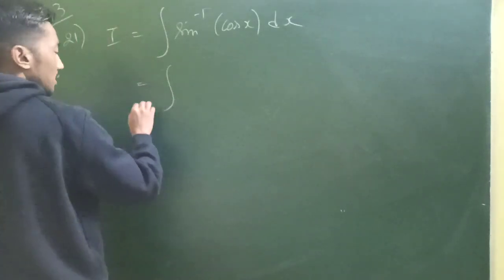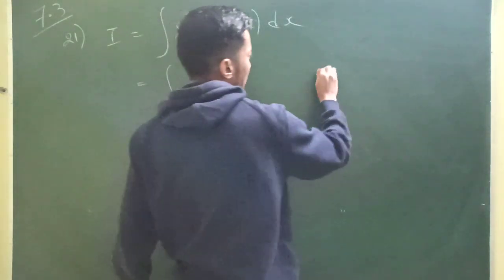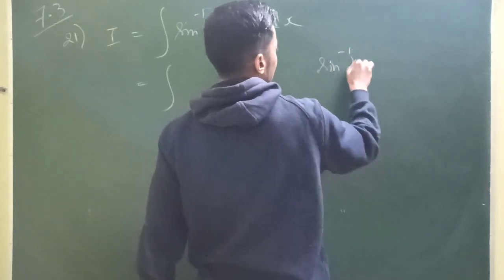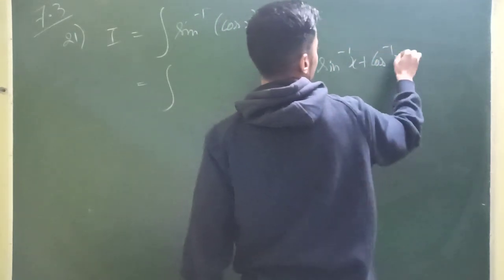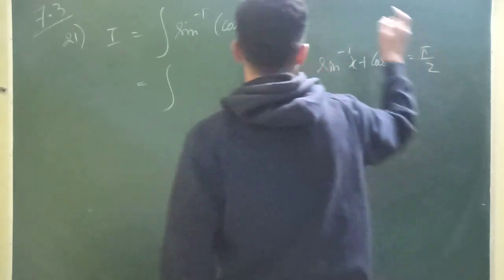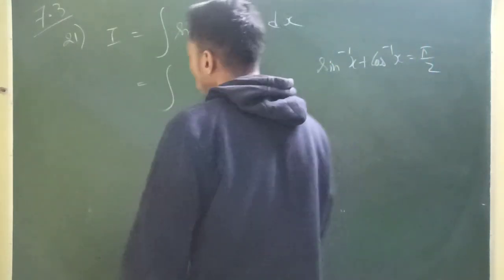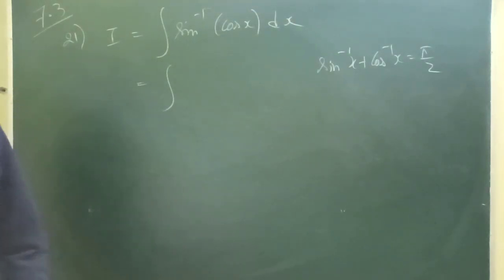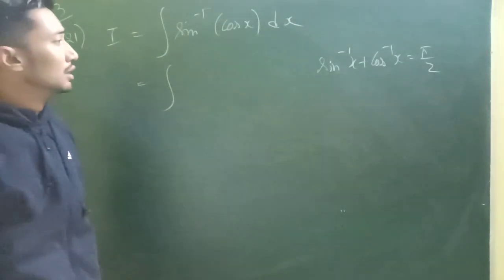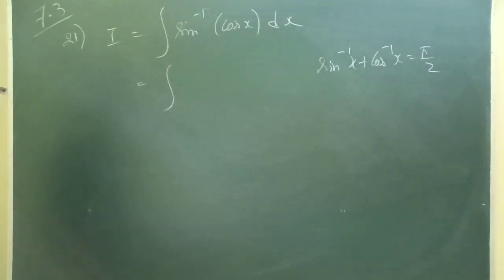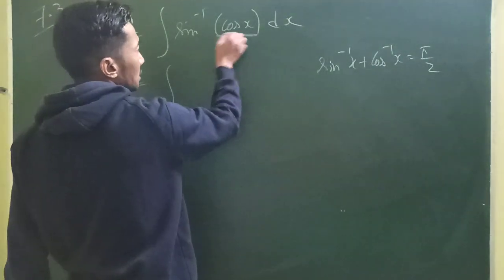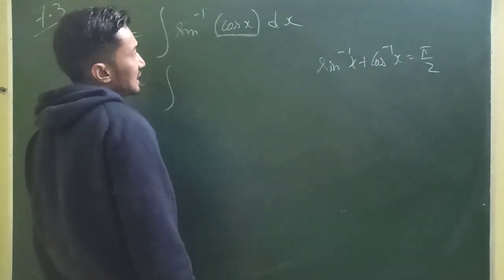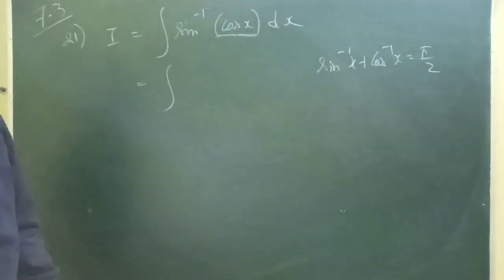Remember, I gave you another formula regarding inverse trigonometric functions, which states sine inverse x plus cos inverse x is pi by 2. Can we apply this somewhere? If I assume this as theta, which is less than 1, I think something can be done.